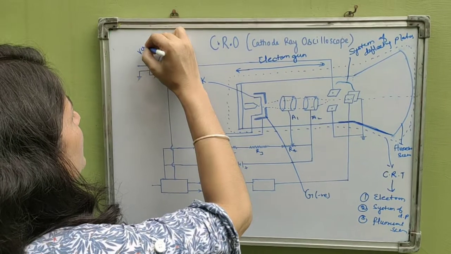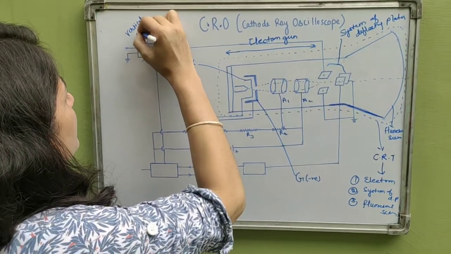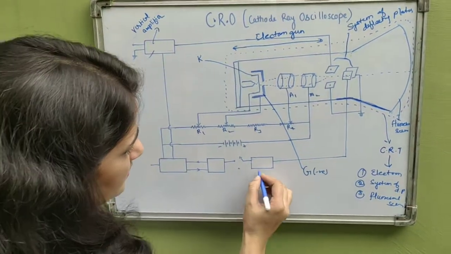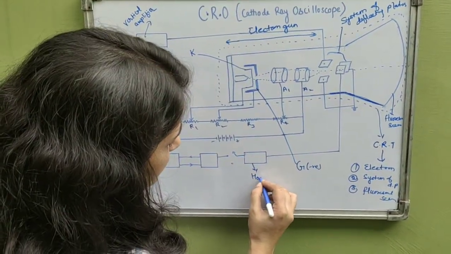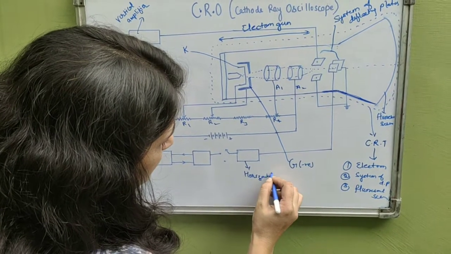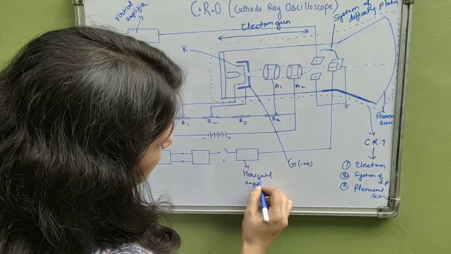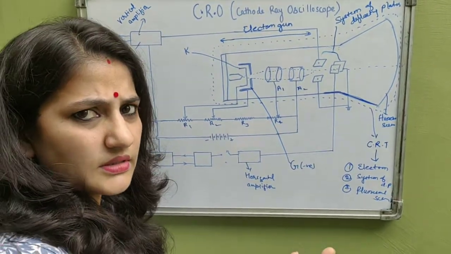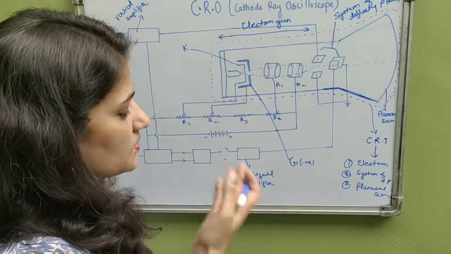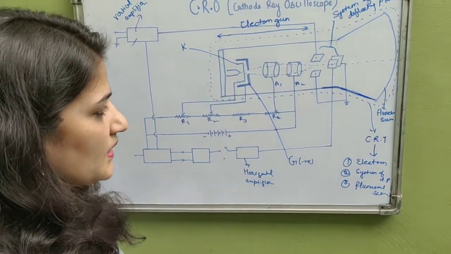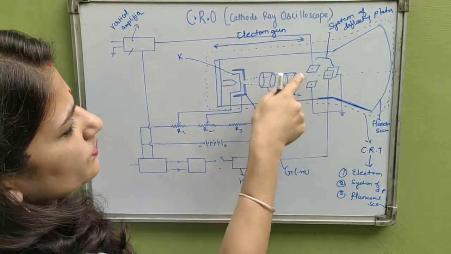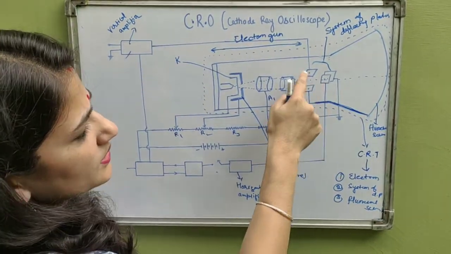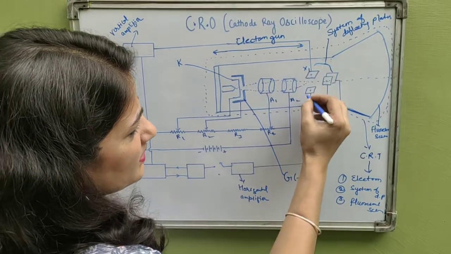So this is the second part of the CRO, and the third part of the CRO is the amplifiers, or signal amplifiers. This is the vertical amplifier, and this is the horizontal amplifier. What is the purpose of any amplifier? The purpose of any amplifier is to amplify the signal. So here also is the purpose of the horizontal and vertical amplifiers. They amplify the signal provided on the XX plate, and the YY plate, Y1 and Y2.